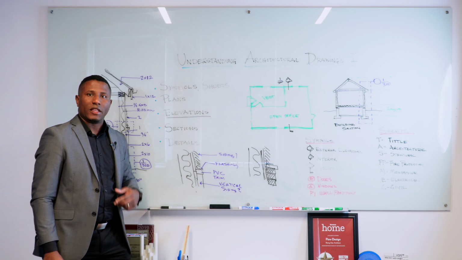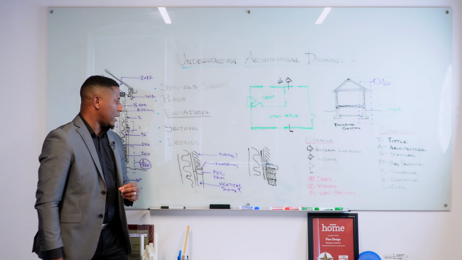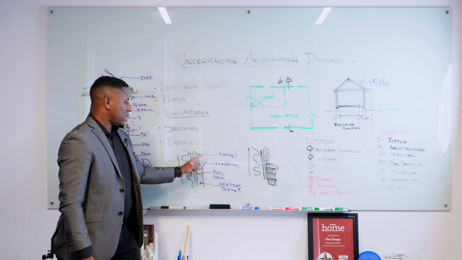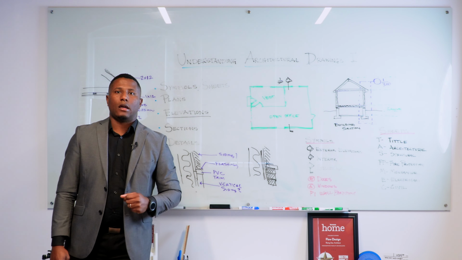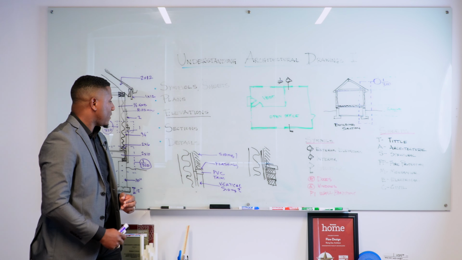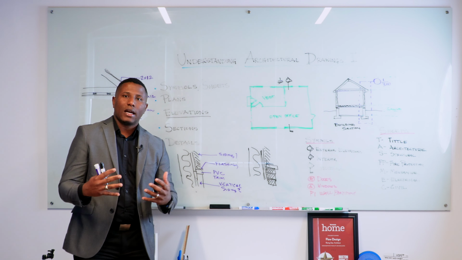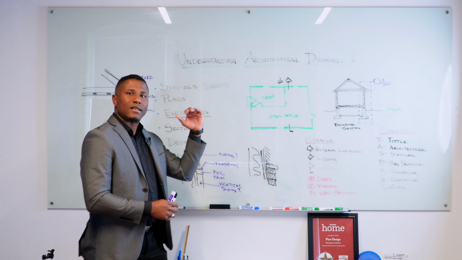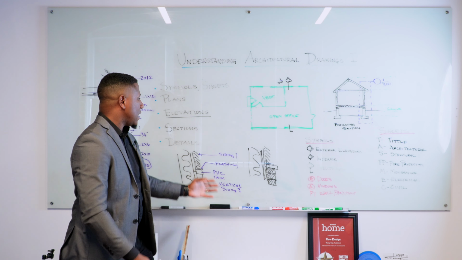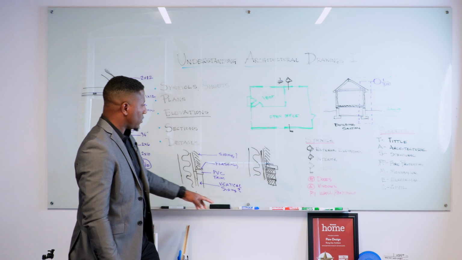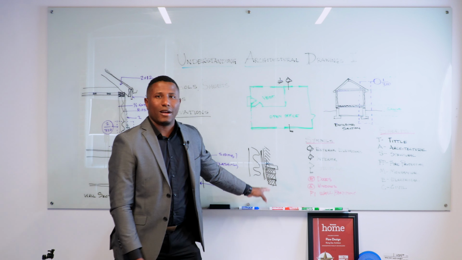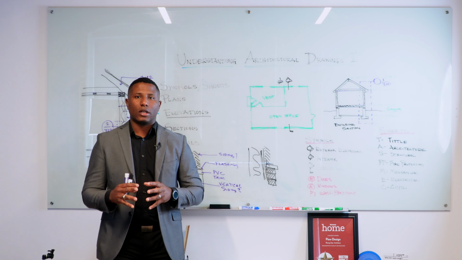In the schematic phase, you can show the client, hey, I'm thinking this detail might work in your condition. You know what? I really don't like the two types of sidings. Could we do siding and stone? And then in the architectural details, you can show that relationship and how that is put together.